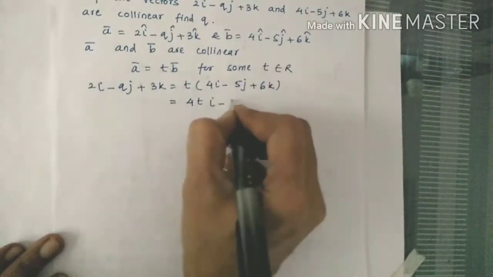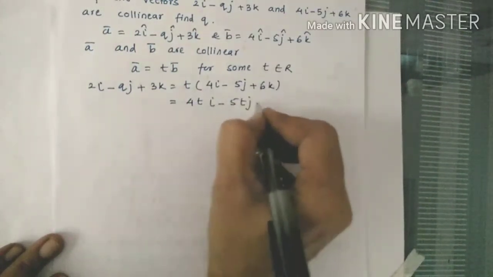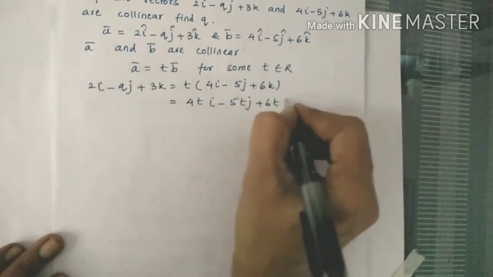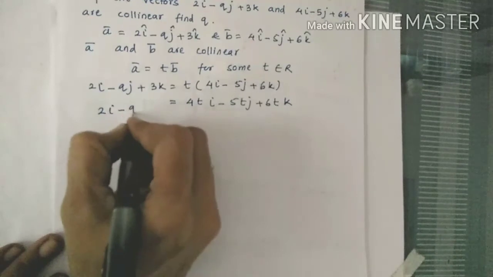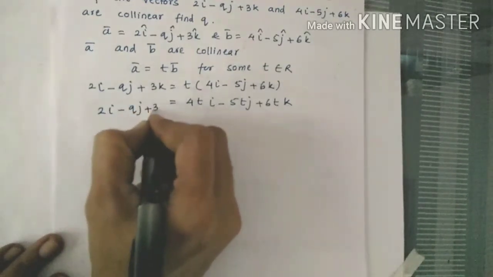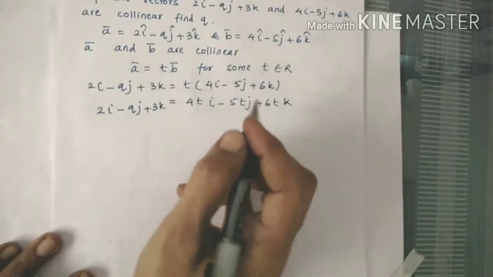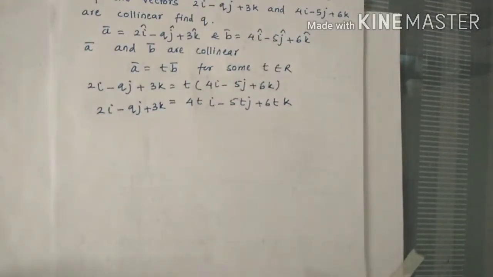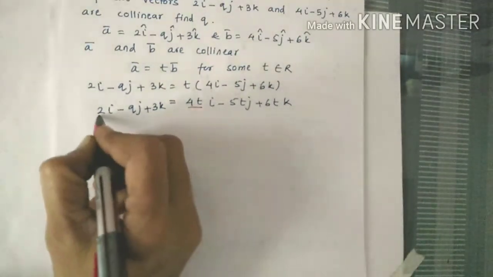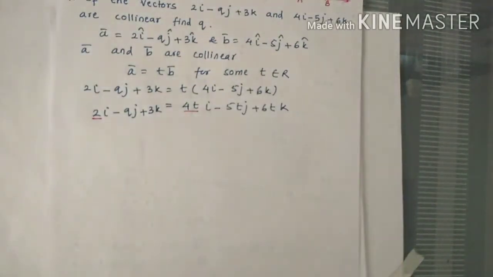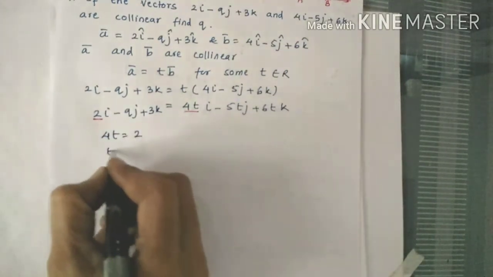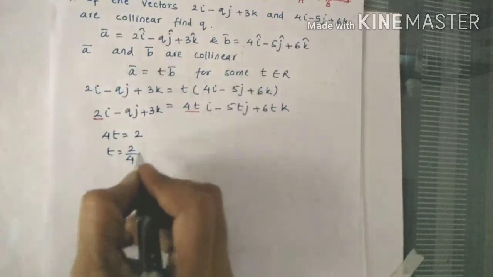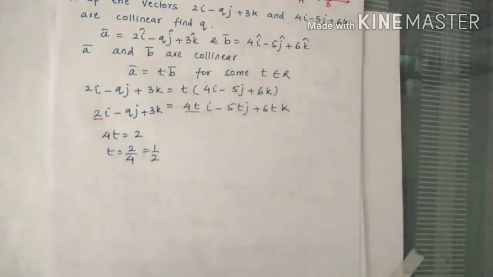So 4ti minus 5tj plus 6tk is equal to 2i minus qj plus 3k. Now consider coefficients of i. Here it is 4t, here it is 2. So 4t equals 2. This gives us the value of t, which is 2 by 4, that is half.